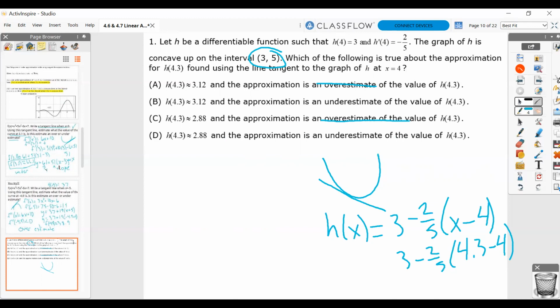We just have to realize that our value is going to be less than 3. So 3 minus 2/5 times 0.3 is going to be approximately 2.88. And again, we know that this is an underestimate because it tells us our function is concave up. So final answer is D.